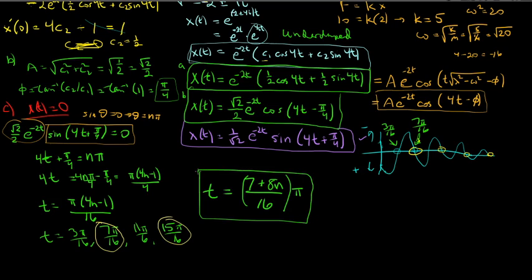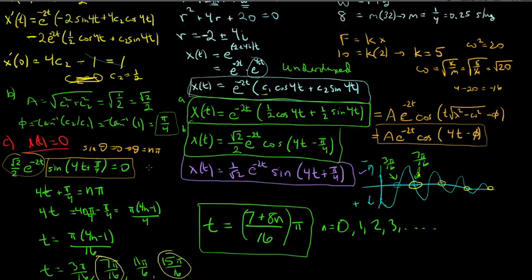So these are the times at which it's passing through equilibrium heading downward, starting at n is equal to 0, I guess. Oops, okay, so n is 0, 1, 2, 3, and so on. All right, so I think that answers part C.